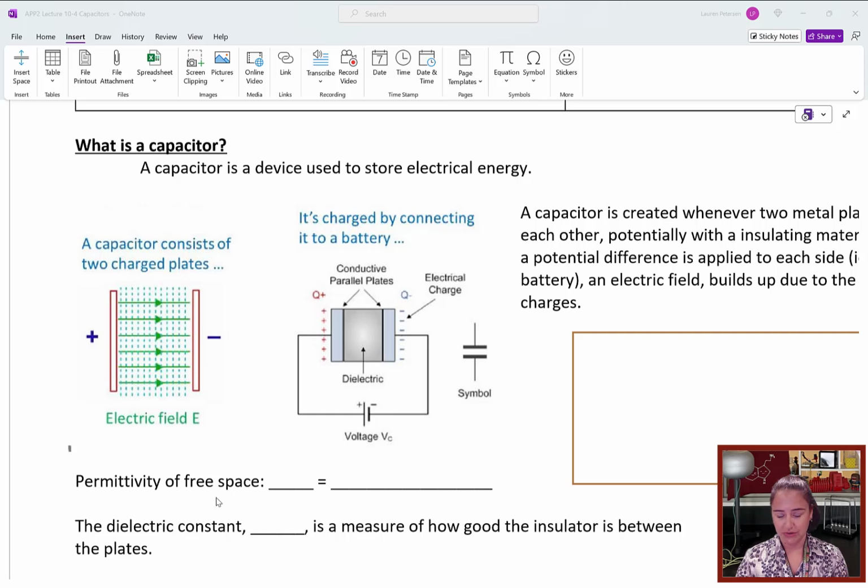Basically, if you have two charged plates, which you can create by connecting them to a voltage source, you create an electric field between them, and that electric field stores electrical energy. Okay, perfect application of our electric fields. Okay, so how do they work?